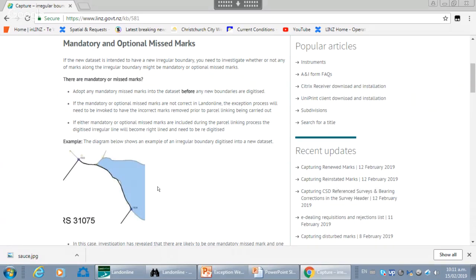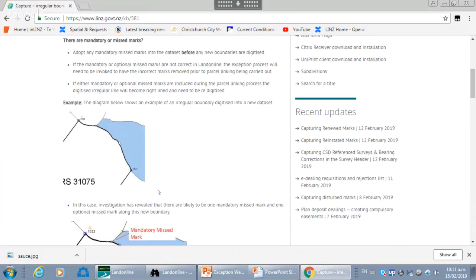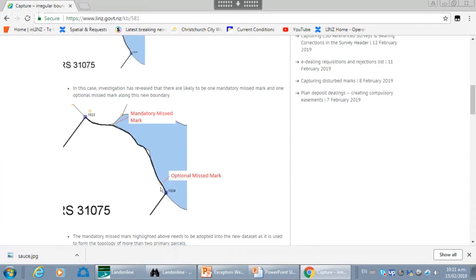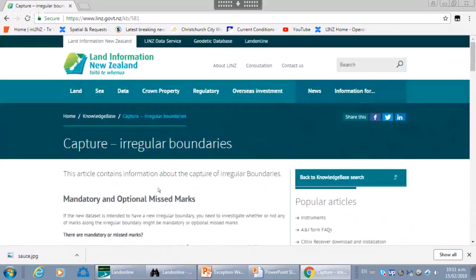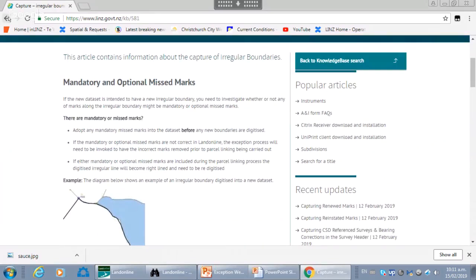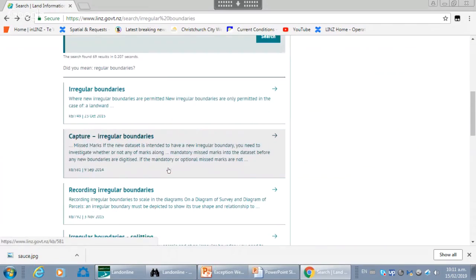This article is quite detailed and explains the need to adopt that marking first before you do any digitizing, or ask us to remove it if that's a valid case. So those two pages, the exception process and searching on irregular boundaries, will get you to the information in the website. We'll let you browse that at your leisure later, because we want to get into the meaty stuff.